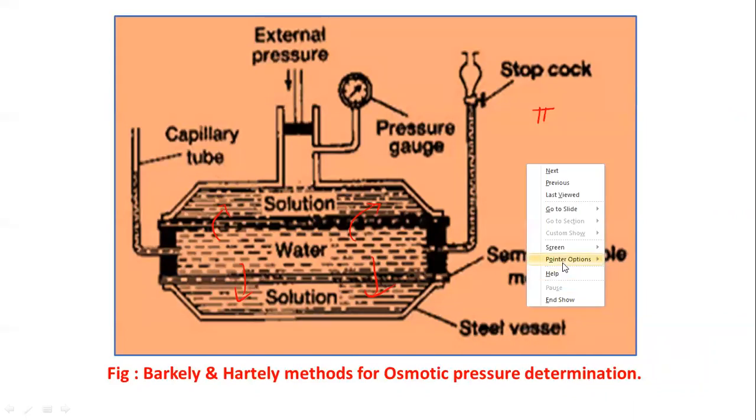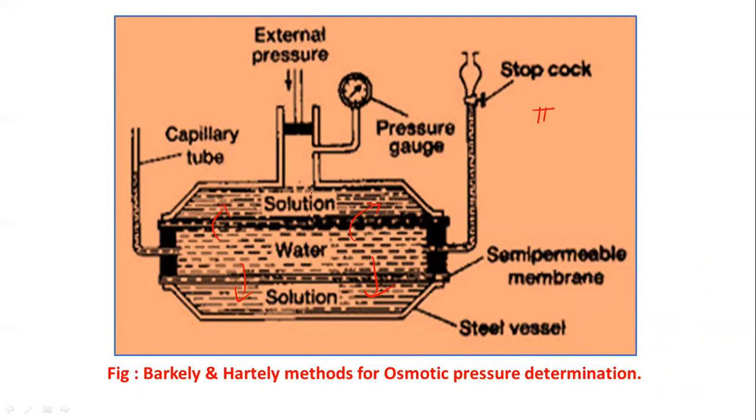The osmotic pressure is the pressure at which the flow of the solvent from the solvent side to the solution side can be stopped. But if we apply a greater pressure here than the osmotic pressure, then what happens?